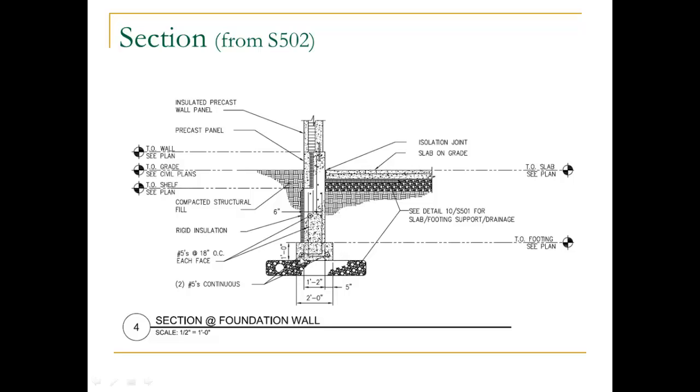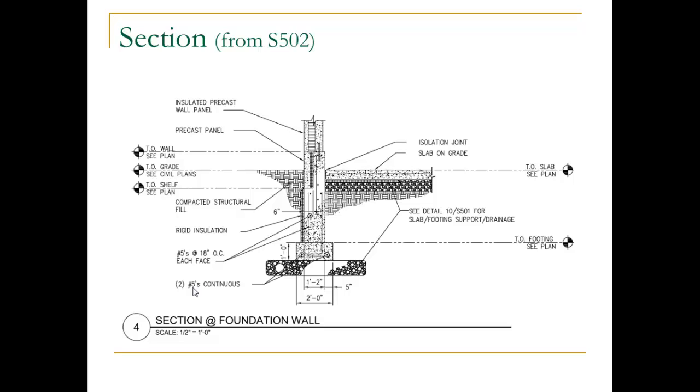We have 2 pieces of number 5 continuous, and they just say number 5, so you assume that it's rebar they're talking about. This is the steel reinforcing that goes into the concrete. We know that the number of the rebar is the number of 1/8 inches.